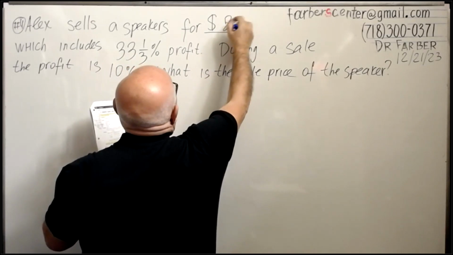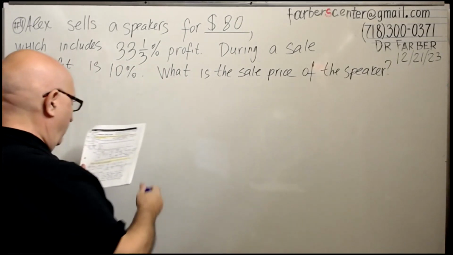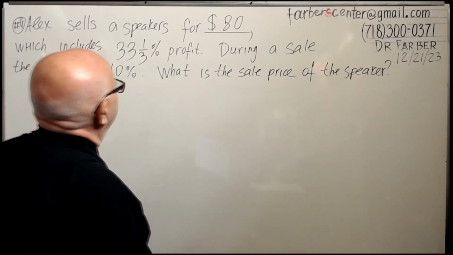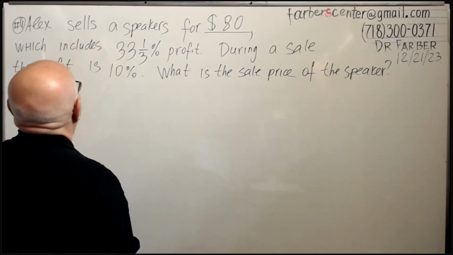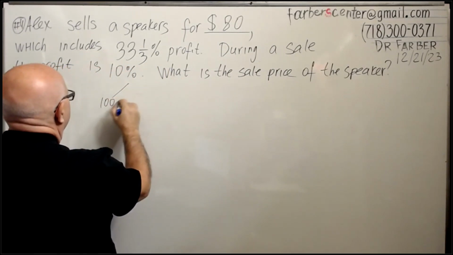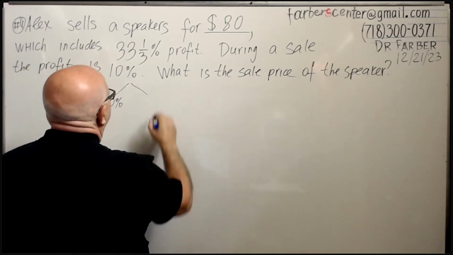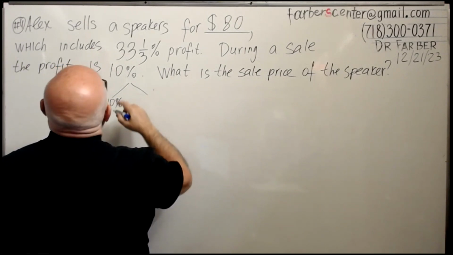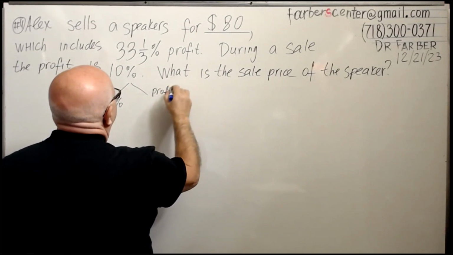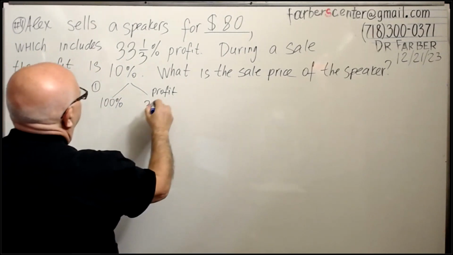There's $80. Like we did before, first of all, if this is 100% his cost and his profit, let's see diagram number 1, is 33 and 1/3%.